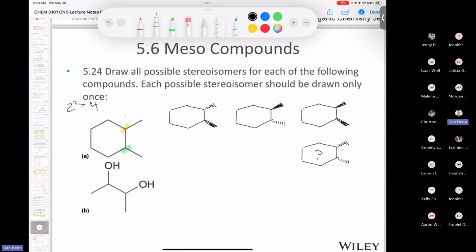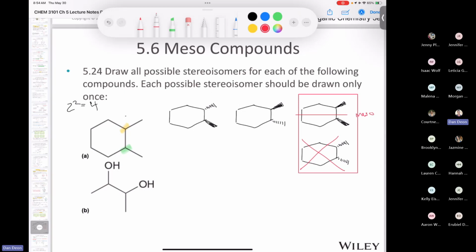No, absolutely not, is it? Because these two compounds are identical. These two compounds are the exact same compound. I just drew it twice. How do we know that? Because there's a plane of symmetry in the molecule, and therefore this is a meso compound. So I'm going to cross this one out because I didn't have to draw it. So that means there's a total of 3 possible stereoisomers for this compound.